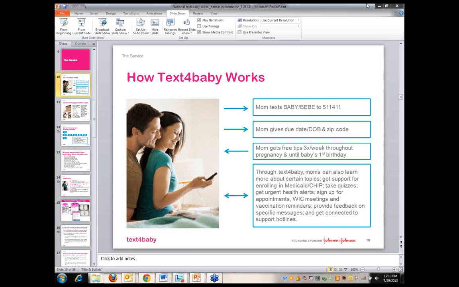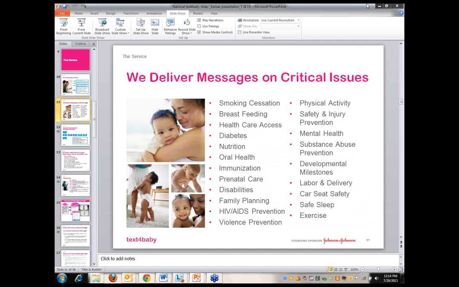So at any point, anybody enrolled can set up multiple appointment reminders with the date and the time, as well as a little description. And then we've added in, we've always had this, but just more and more urgent health alerts when we need, in addition to the 3 messages that we send out, and I'll get more into that in a second.